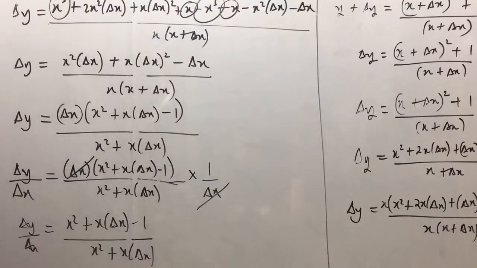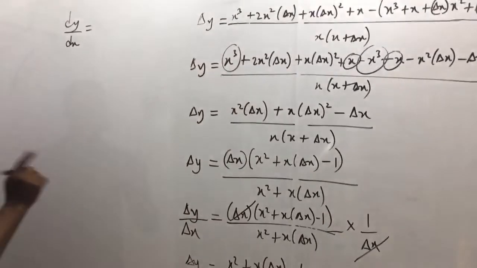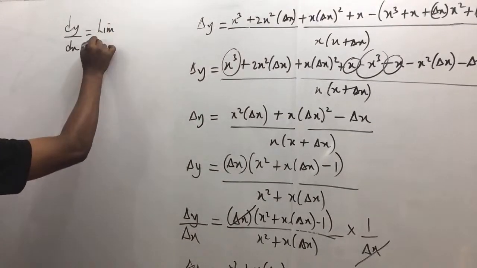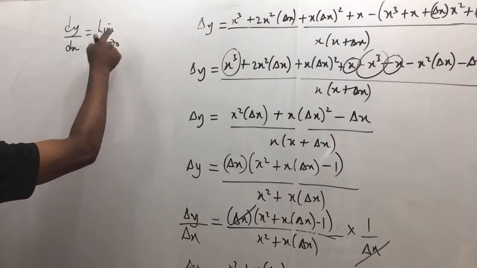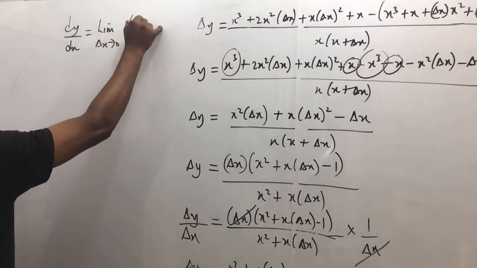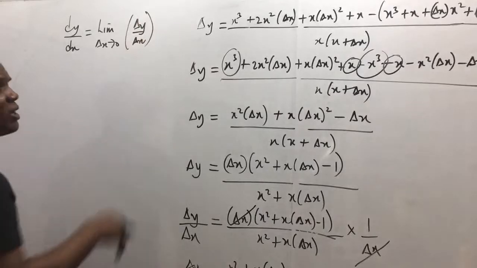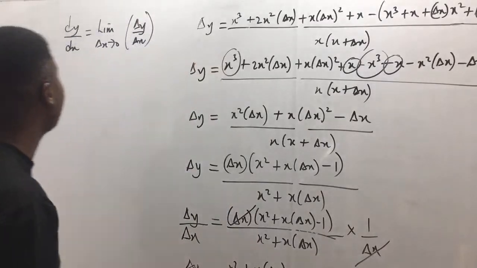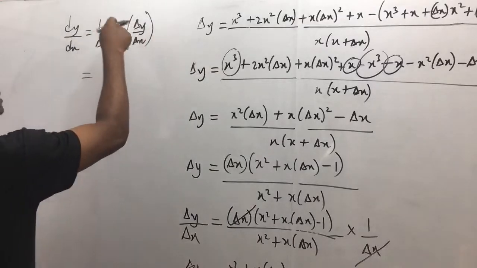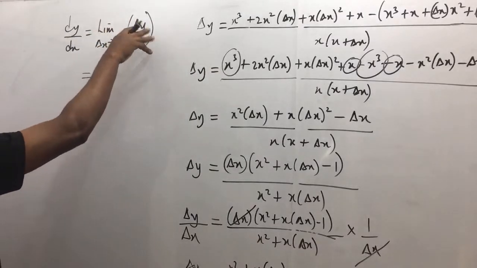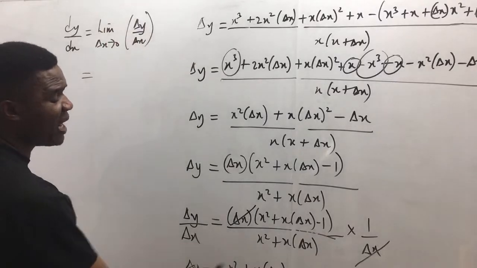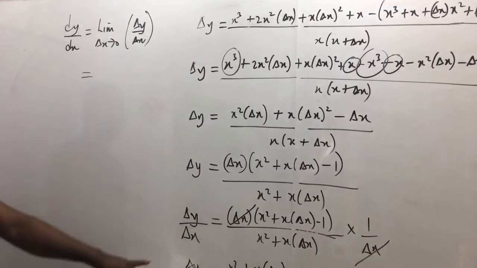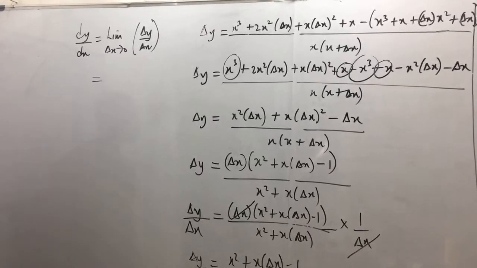Now, we were not asked to find the gradient function. What we were rather asked to find was the dy/dx, the derivative. And I've told you, the derivative is simply taking the limiting value as changing x tends to 0 of your gradient function. So when you take the limiting value of your gradient function, it gives you the derivative of the function. That means wherever you find changing x in your gradient function, all you have to do is substitute 0.